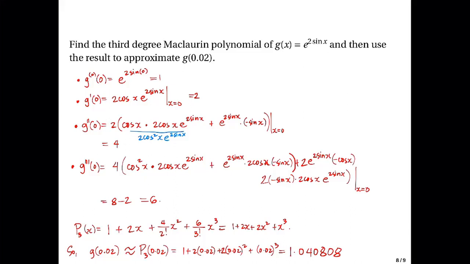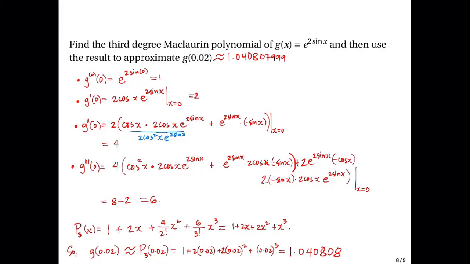Now, the actual value, well, not really the actual value, but a more accurate value of g of 0.02, I found that it is 1.040807999. Okay, so look how close we are.